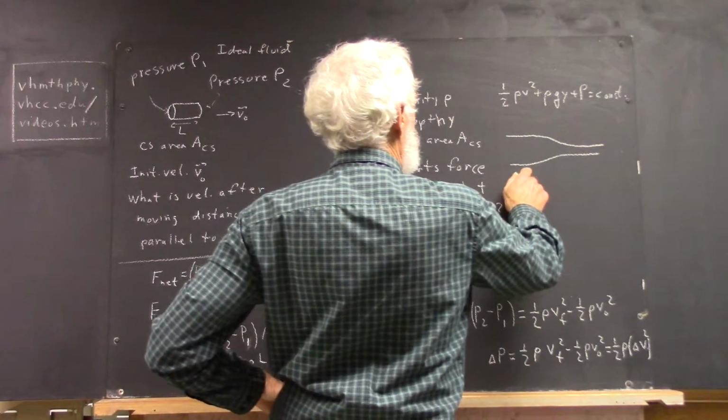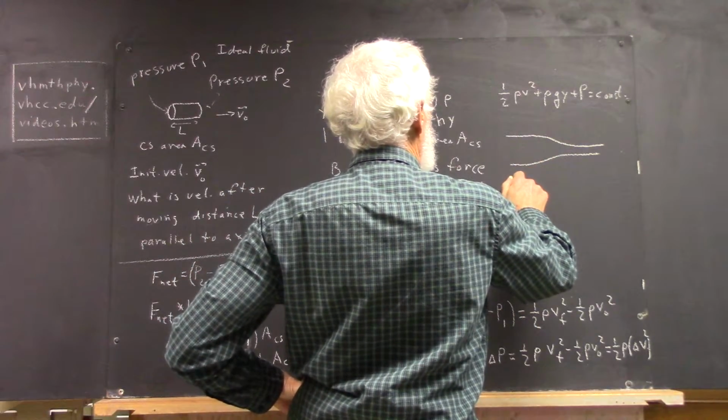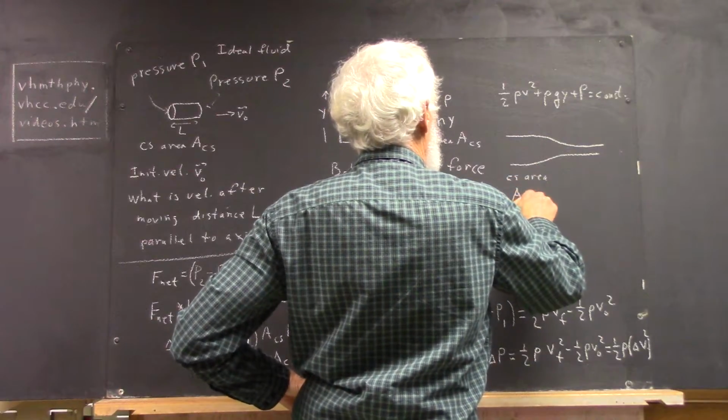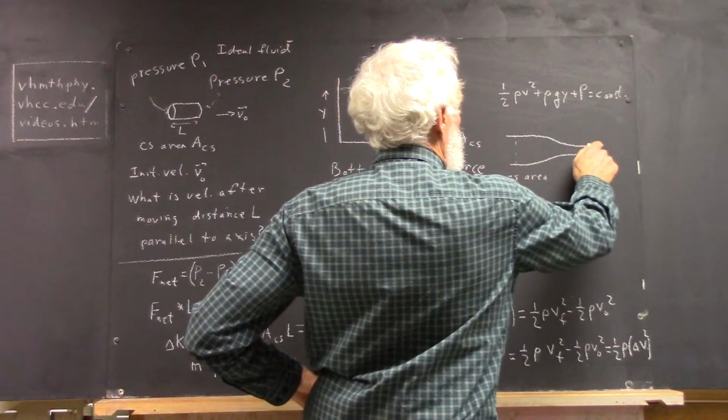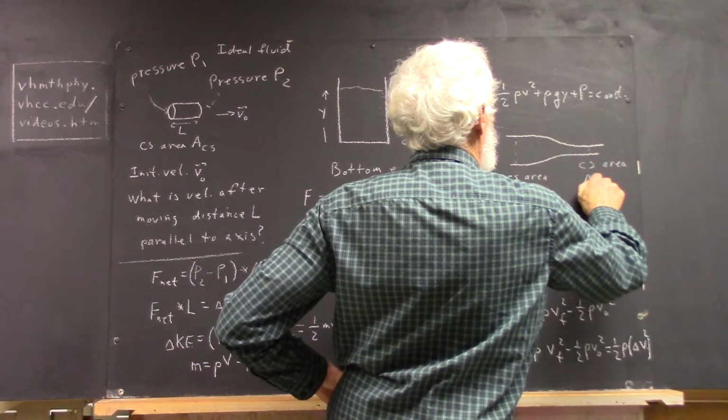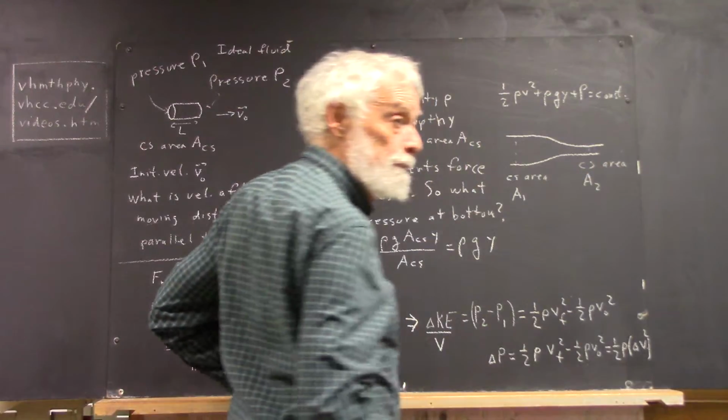Okay, so the cross-sectional area here is going to be A1, that's here. And here the cross-sectional area is A2.